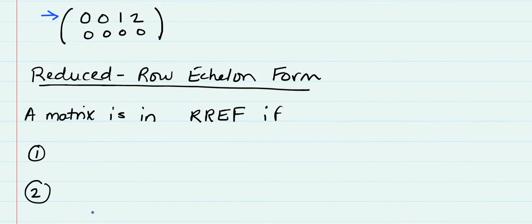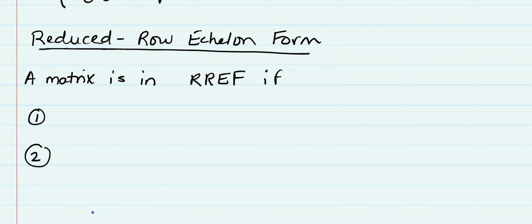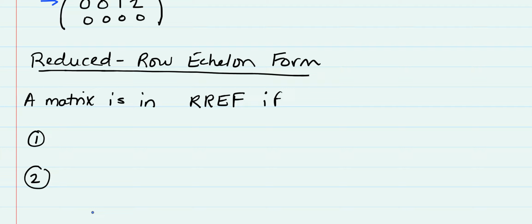Let's move on. Let's talk about something called reduced row echelon form. Reduced row echelon form is very similar to the row echelon form. It's called reduced row echelon form because it's one extra step.